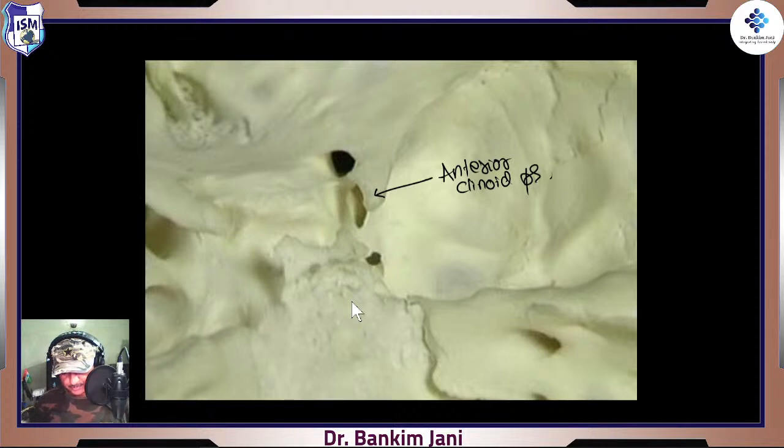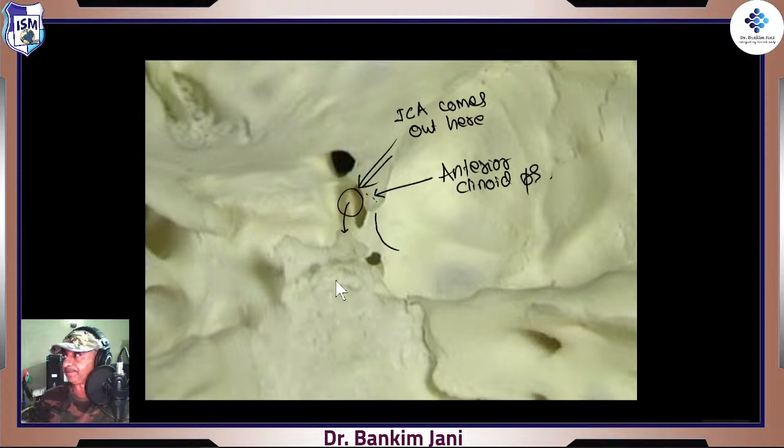That it will go underneath, and then it is at this point, at this point it will come out from below, right? So over here it will come out. So internal carotid artery comes out here, right? You can say near this anterior clinoid process.